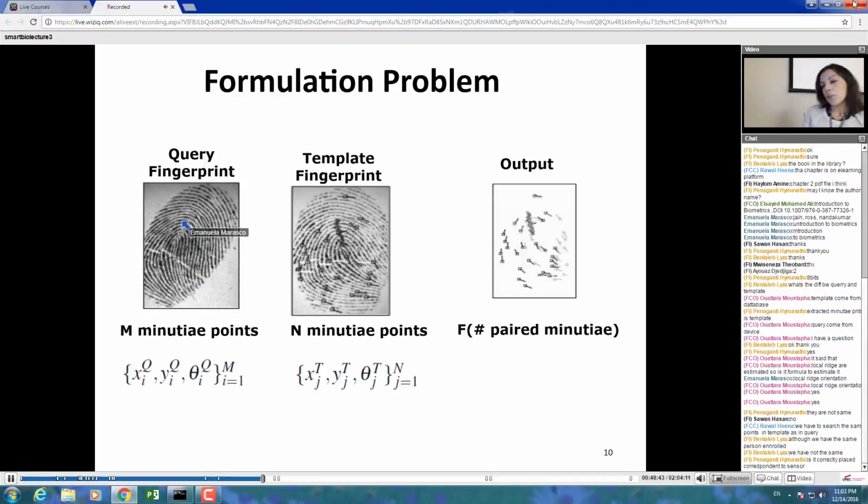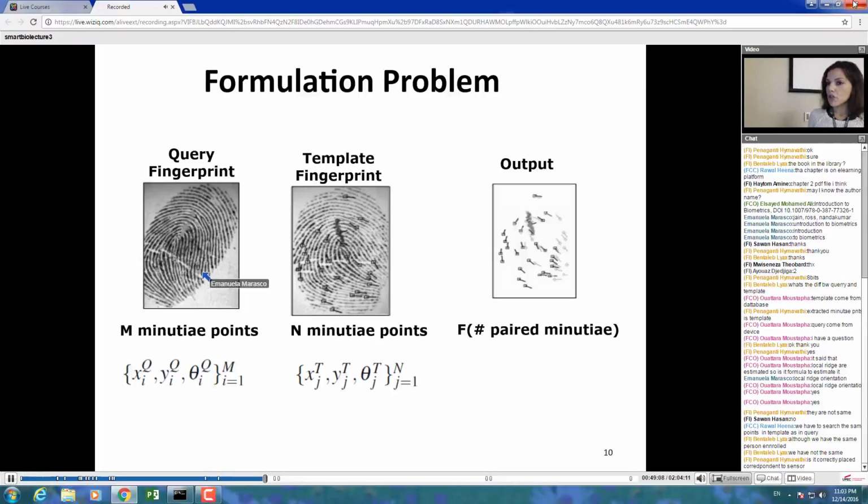So the difference in orientation, we are going to see how the system is robust, the matching algorithm is robust, and how this difference in positioning of the finger is taken into account, and then the matching will be robust, which means there is a tolerance.